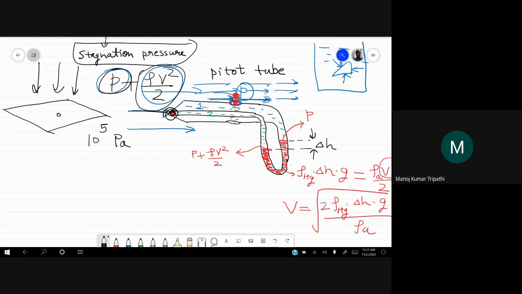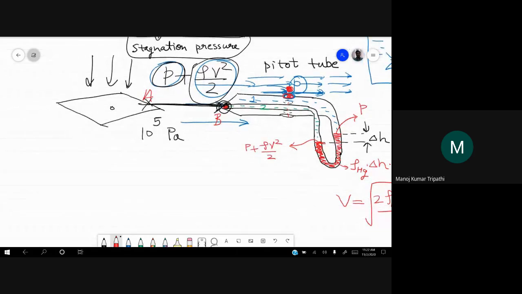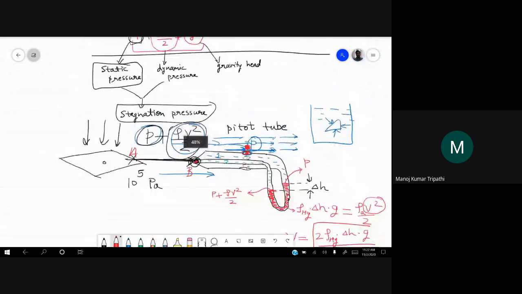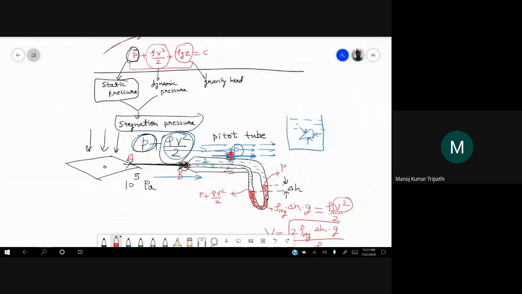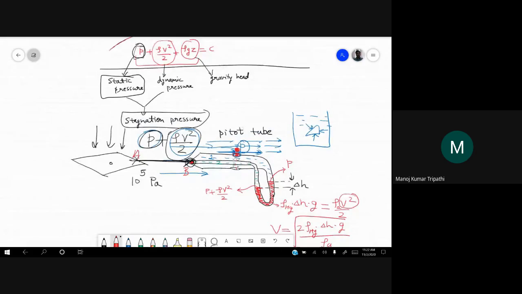Okay. So if you apply Bernoulli's equation along this streamline at, let's call it point A, and let us call the second point B, P plus rho V square by 2 plus rho g z equals constant. Now the rho g z component will cancel out from both sides because it is the same height.